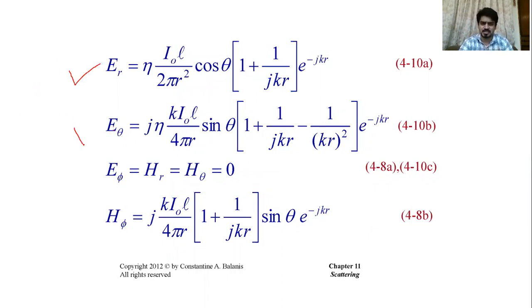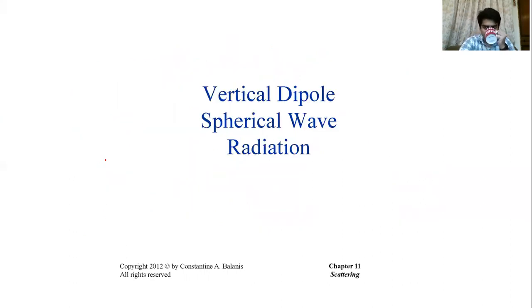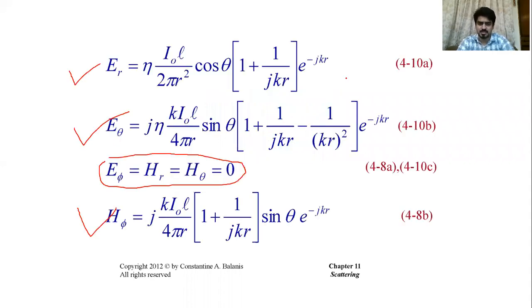You have Er, E theta, and H phi, these three components are non-zero, and the other three components E phi, Hr and H theta are 0. Now again, we can write down the radiation from what we have derived here, right? This is what we have derived.